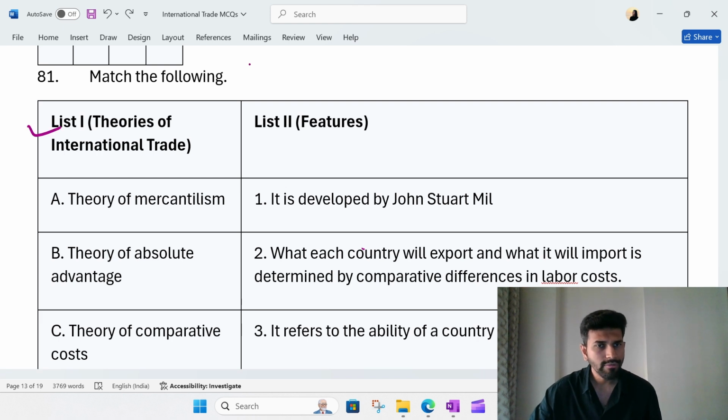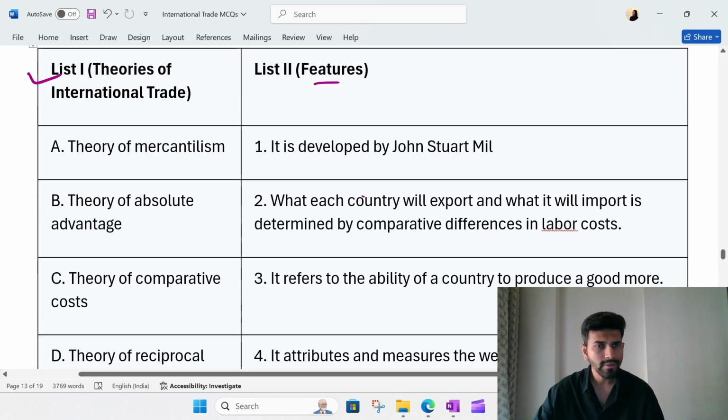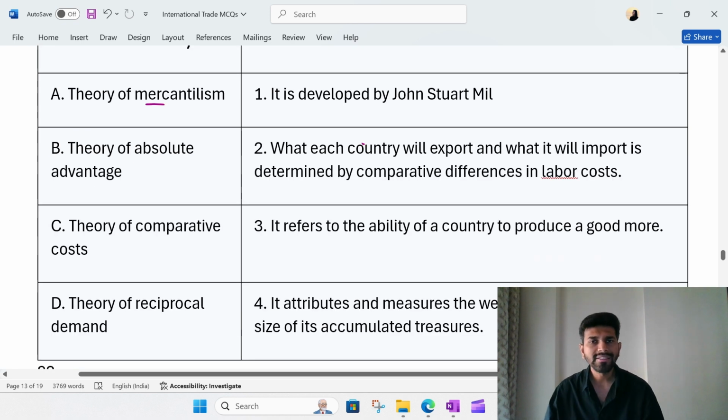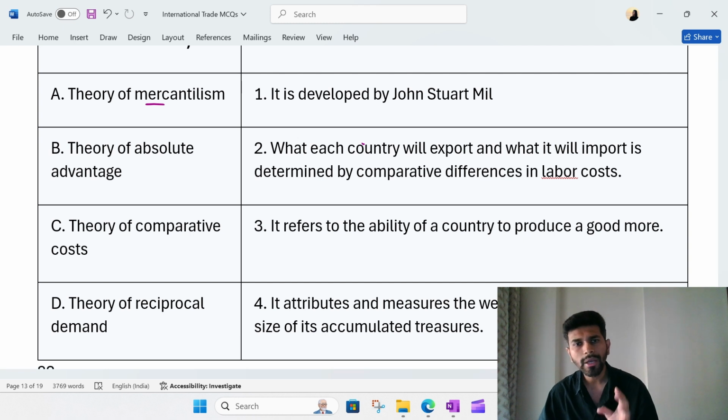Next, list 1 theories of international trade and list 2 features. First, theory of mercantilism. It says that a country should accumulate gold to become wealthy. So correct answer is 4. It measures the wealth of a nation by the size of its accumulated treasure.